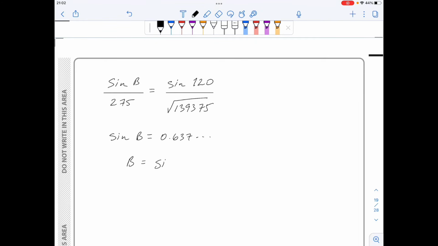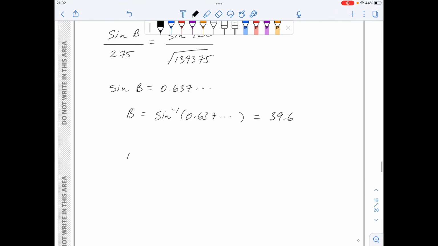Angle B is the inverse sine of this number. This is equal to 39.6. So the required bearing is equal to 180 minus 39.6, which comes out to be 140 degrees to the nearest degree.